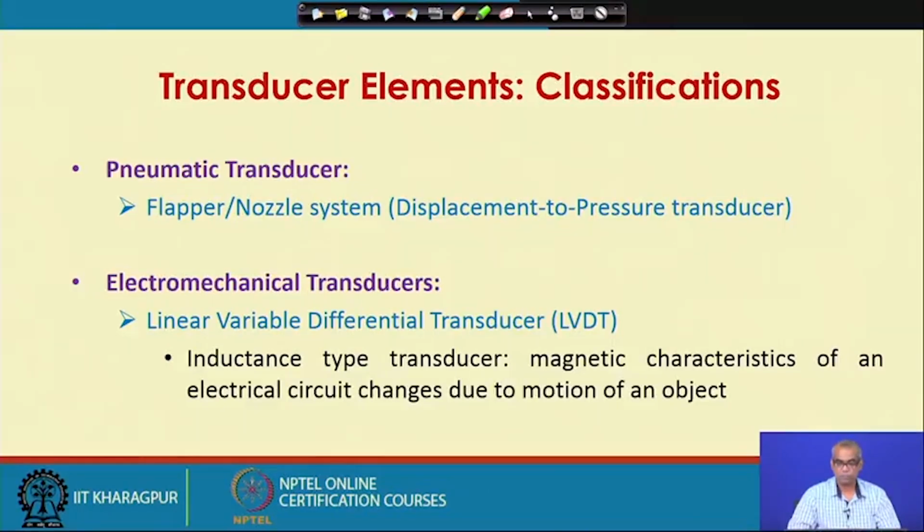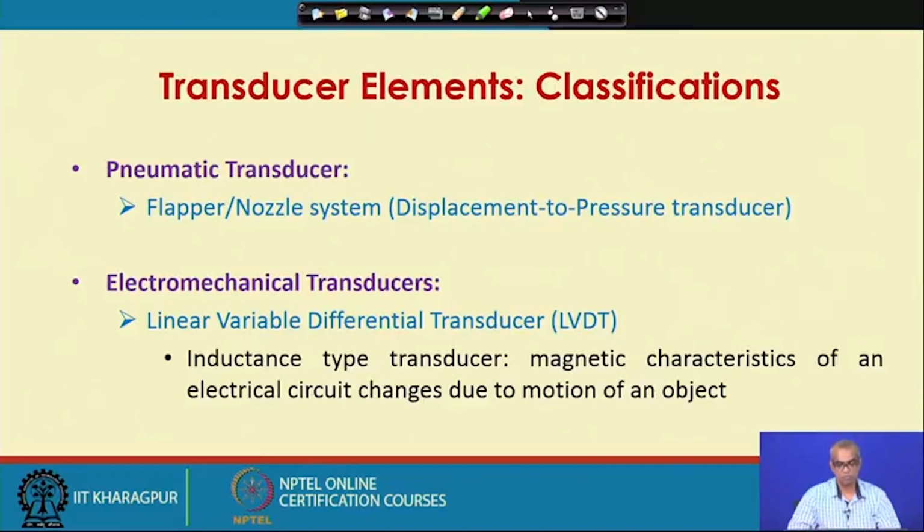Under pneumatic transducer we will talk about a flapper nozzle system, which is a displacement to pressure transducer. So, flapper nozzle system will receive displacement as input and will give you pressure as output. This is an important pneumatic transducer.